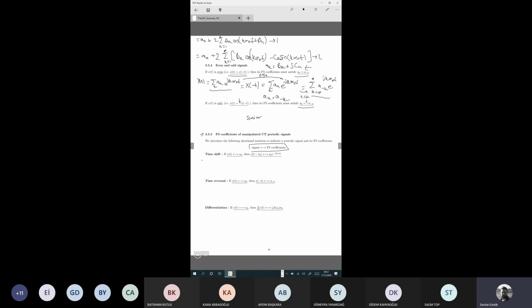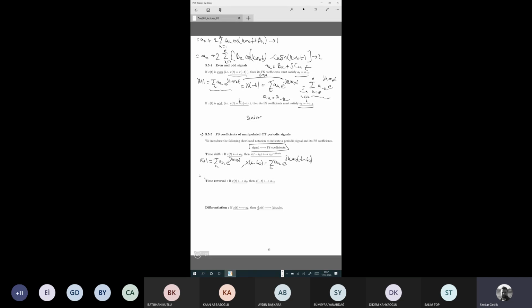So if you have x of t, which is the summation over k of ak e to power j k omega 0 t, then if you shift it and obtain x of t minus t0, then you have the summation over k of ak e to power j k omega 0 (t minus t0). I will put t minus t0 instead of t, so it's nothing.